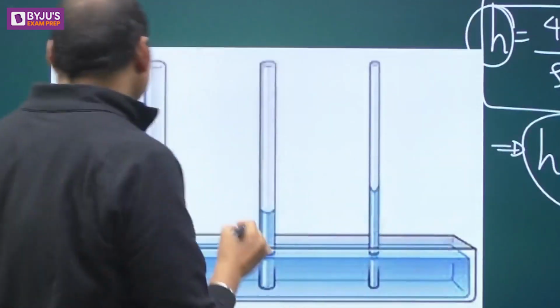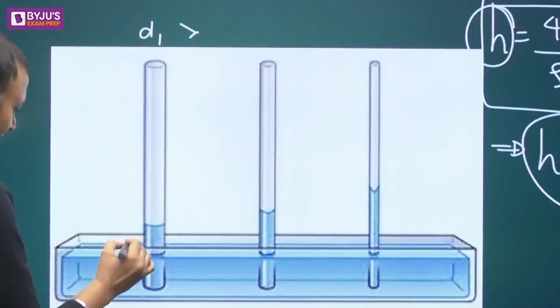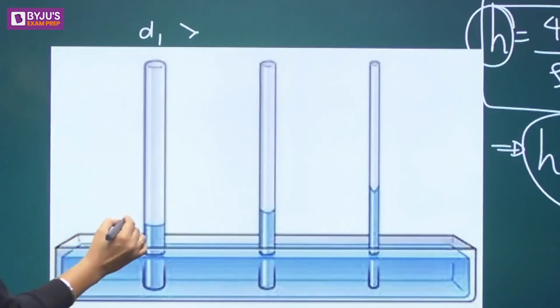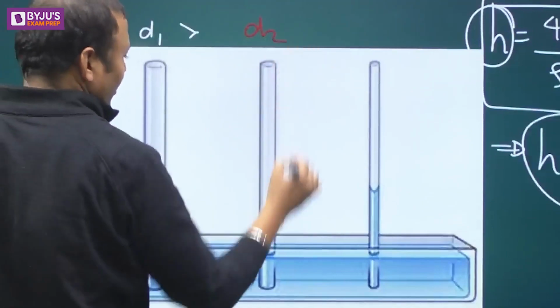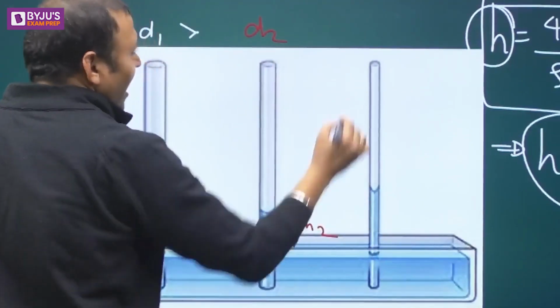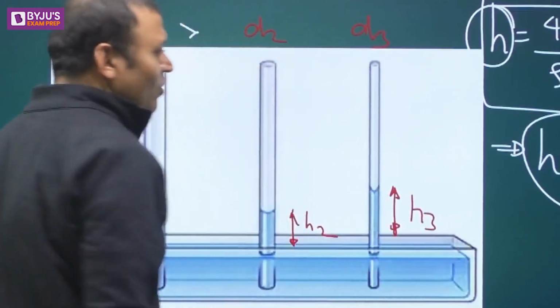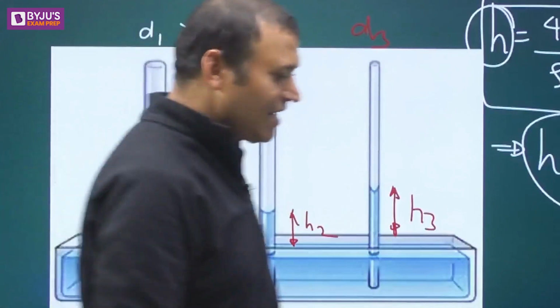So the more the diameter of the capillary tube, the less will be the rise. This is H1, and this is, let us say, D2, this is H2, and this is D3, then this will be H3. So the more the diameter, the less the rise or fall of the liquid in the capillary tube.